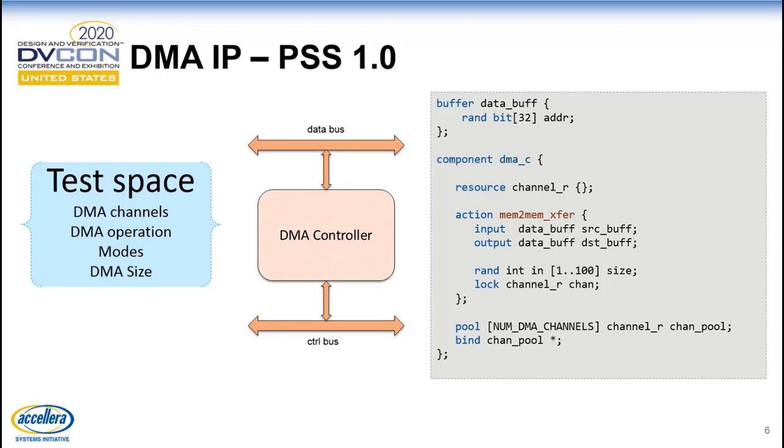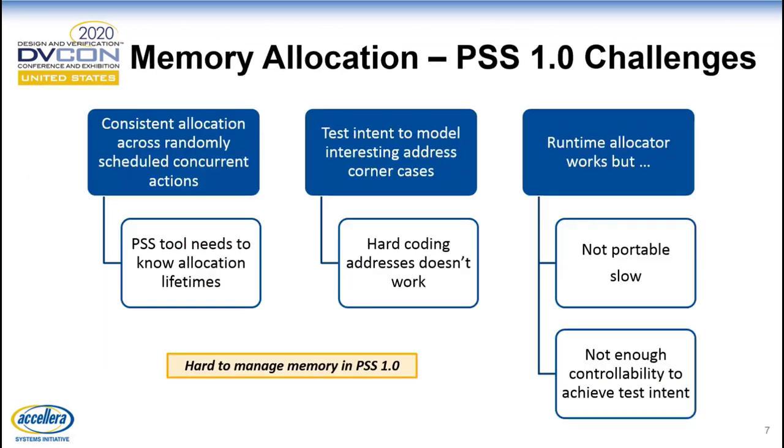Now, look, if you want to do 4 DMAs in parallel, you have to do the same constraint, managing that memory kind of manually, but in a more formal, constrained type of way, but it's still very complex in PSS 1.0.